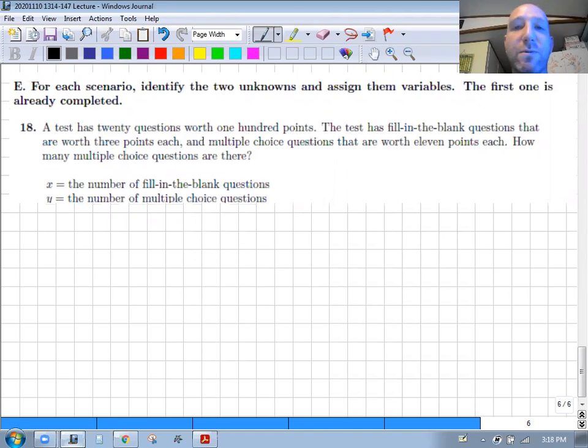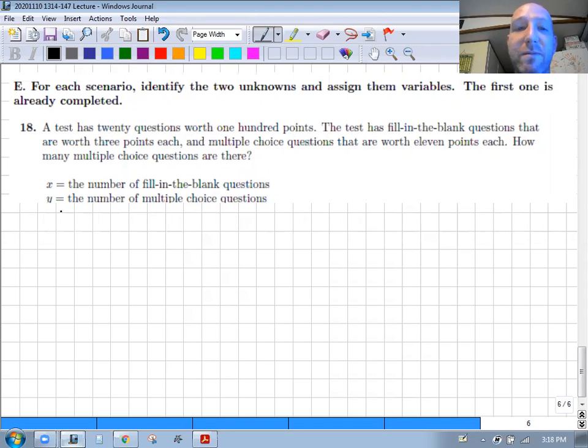So a test has 20 questions, and they are worth a total of 100 points. The test has fill-in-the-blank questions that are worth 3 points each, and multiple choice questions that are worth 11 points each. How many multiple choice questions are there?